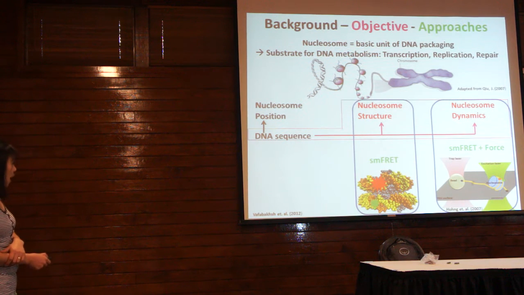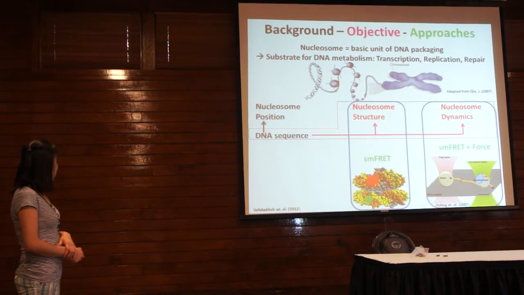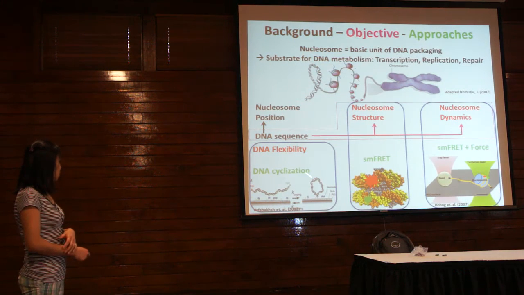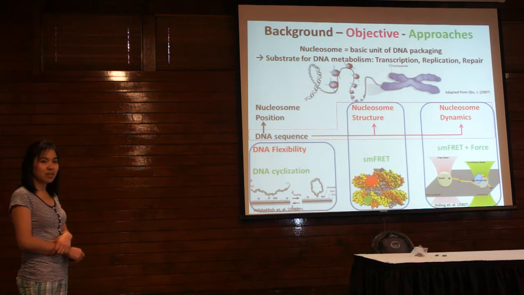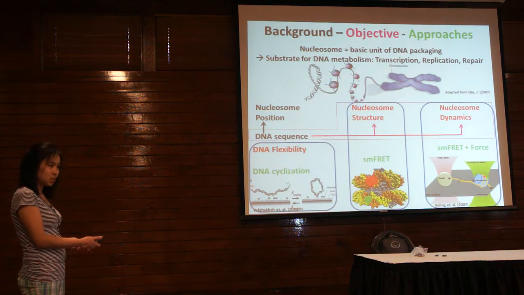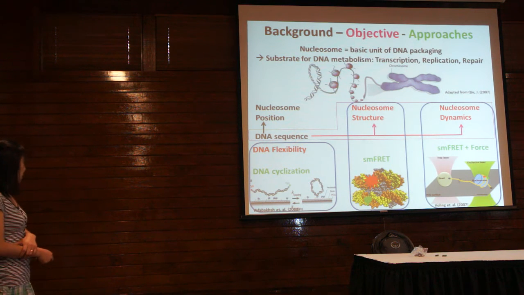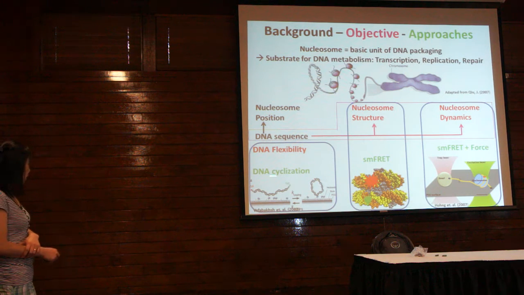Now, how do I correlate nucleosome structure and dynamics to DNA sequence? Fortunately, we have a collaborator who does the DNA cyclization assay to study the flexibility of DNA sequences. The idea is that you have a short fragment of double-stranded DNA immobilized on the surface, with 2 sticky ends.